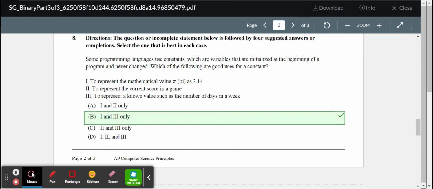Okay. Some programming languages use constants, which are variables that are initialized at the beginning of a program and never change. Okay, so to represent the mathematical pi, 3.14. So which of the following are good uses for a constant? Okay, that would be good because pi does go on forever. To represent the current score in a game.